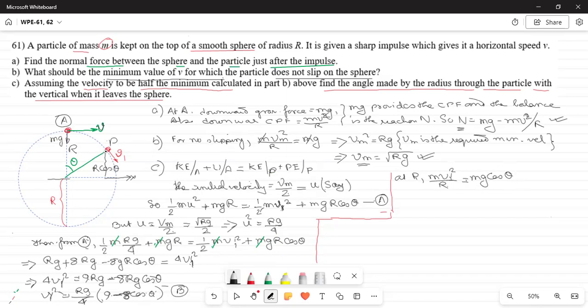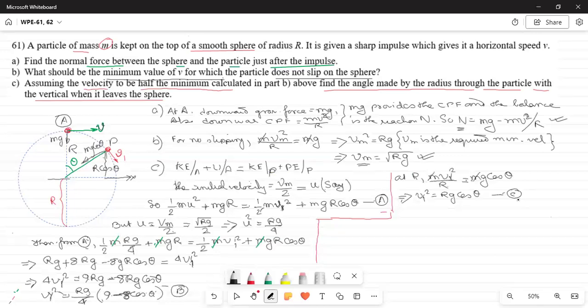That is, mg downward and mg cos theta is the radial force available. And radial force mg cos theta provides the centripetal force mv1 square. So from here m gets cancelled, we get v1 square is equal to rg cos theta. This is equation, say, C.